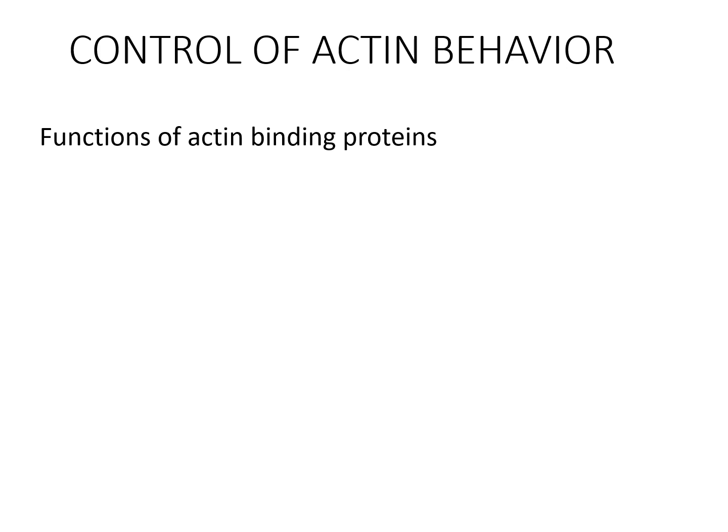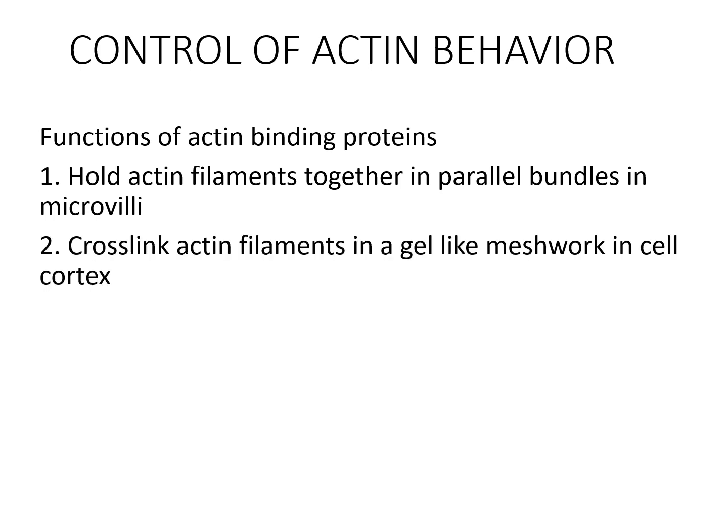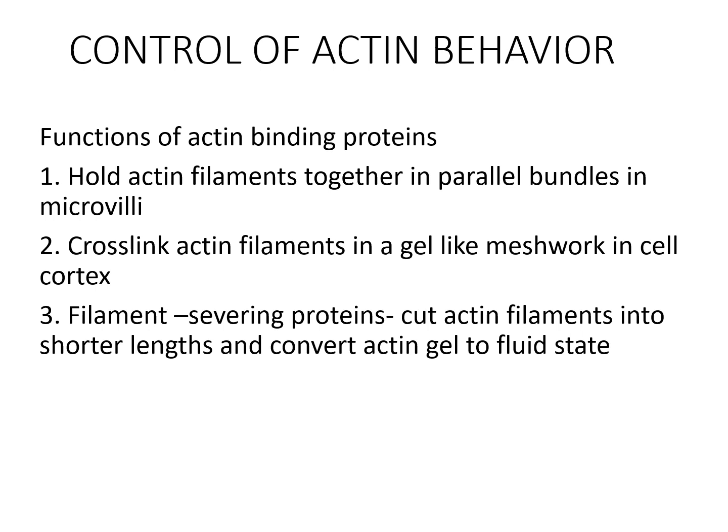So let's look at several functions these actin binding proteins can provide in cells. One, they can hold actin filaments together in parallel bundles in microvilli, like we saw earlier. They can cross-link actin filaments in a gel-like meshwork in the cell cortex, like in red blood cells.